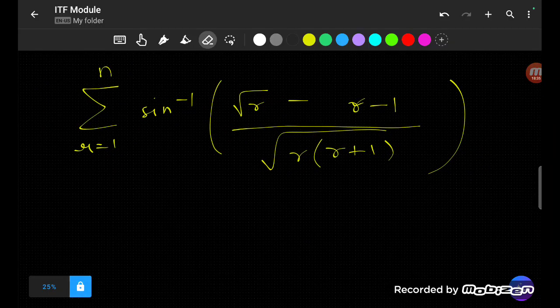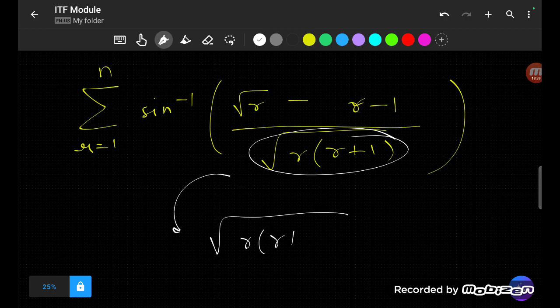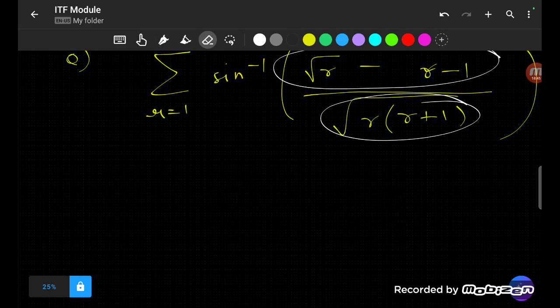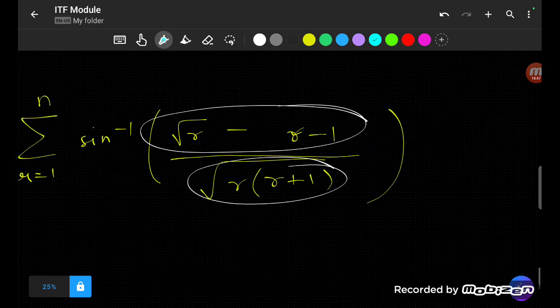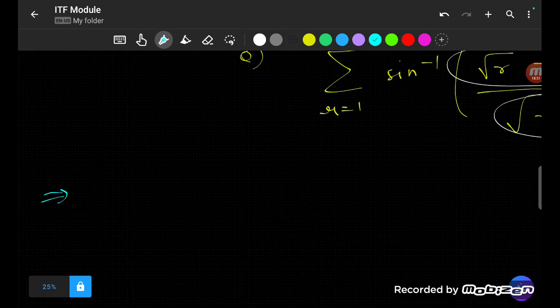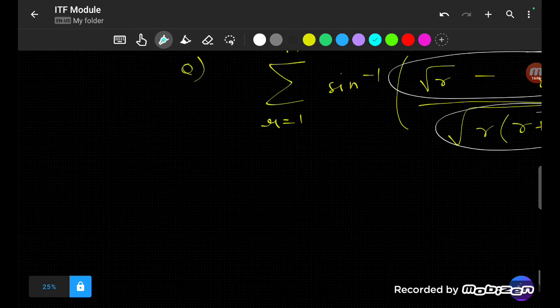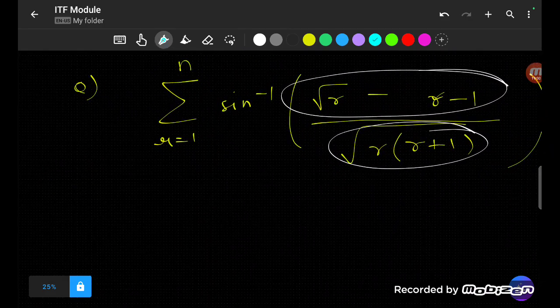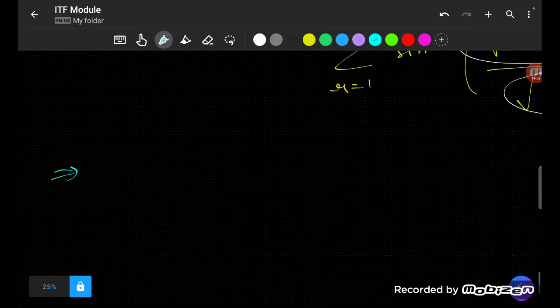Okay, so about this denominator here, this is under root r plus 1, and the denominator here is r minus 1. So let's look at this.